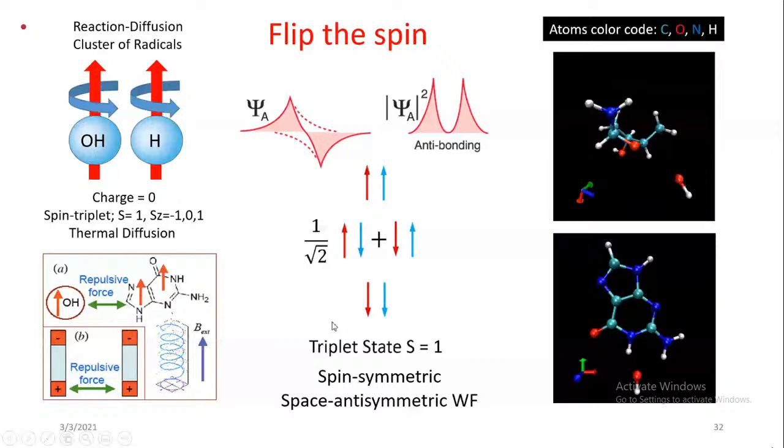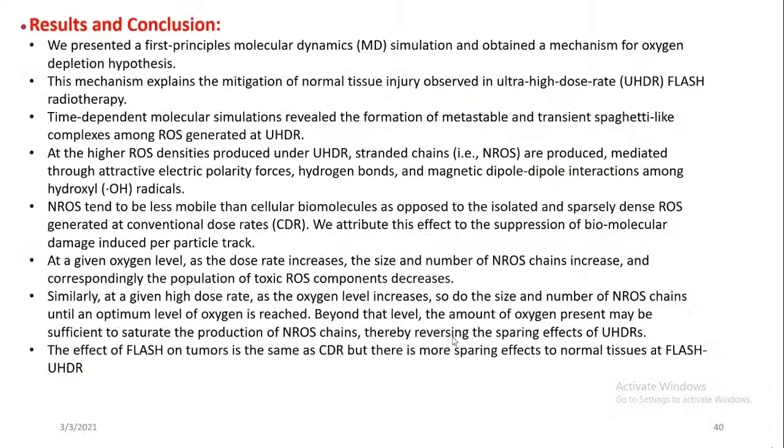Because I don't have enough time, I jump to the results and conclusions. We presented first principle molecular dynamics simulations and obtained a mechanism for the oxygen depletion hypothesis through the nanoscopic and macroscopic scales, patching their boundaries.